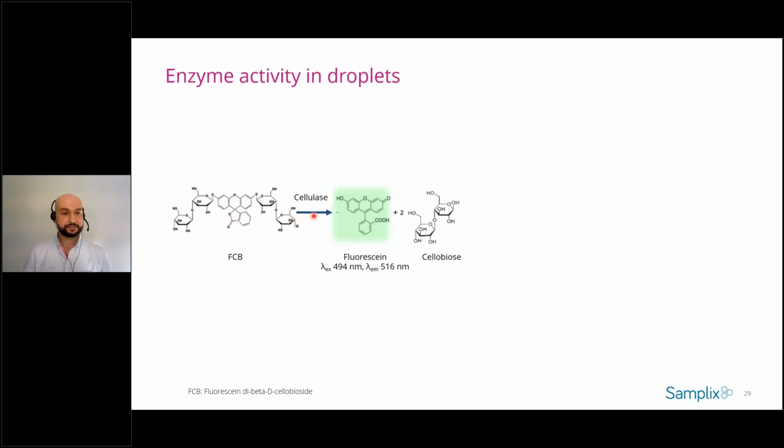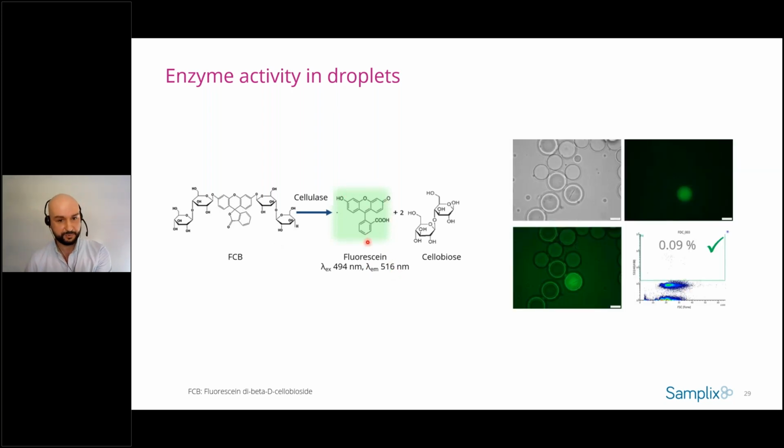So the cellulase hydrolyzes the substrate. This leads to liberation of fluorescein, which is highly fluorescent, and this can be analyzed by microscopy or flow cytometry. We can see here on this picture a cell that was in division mode.